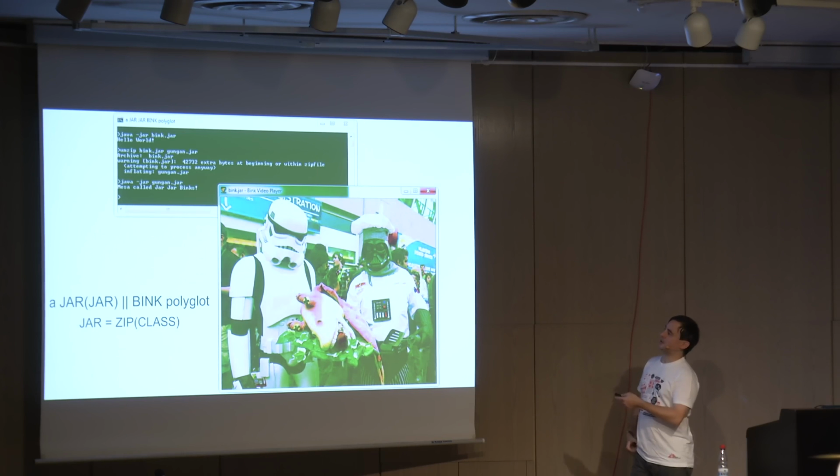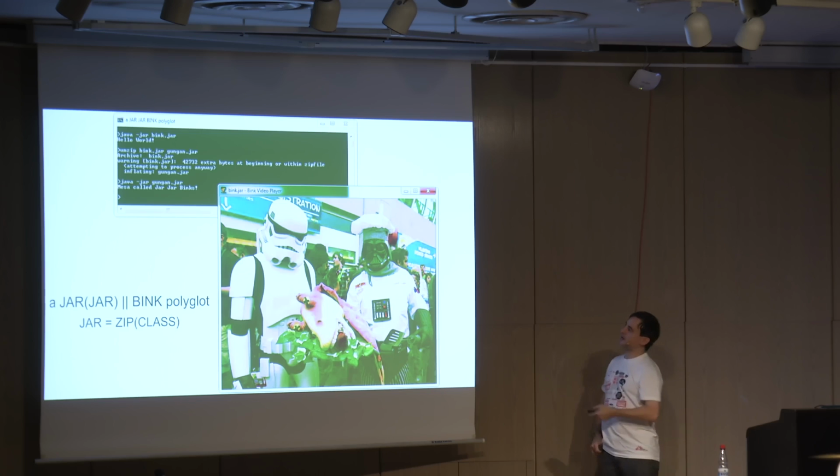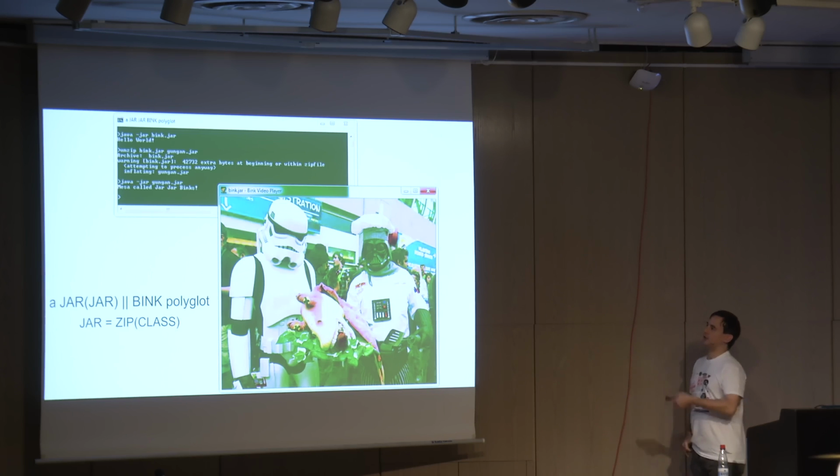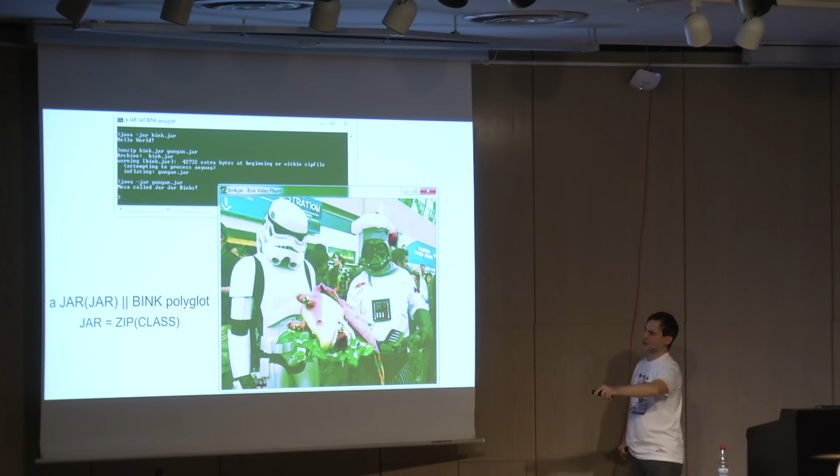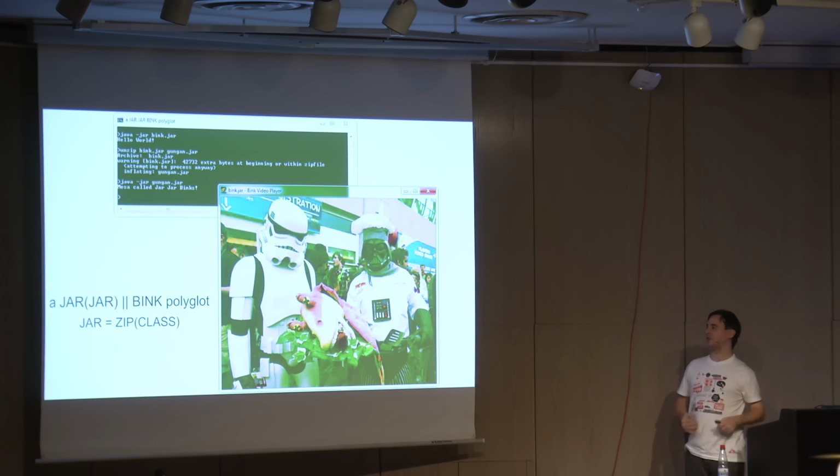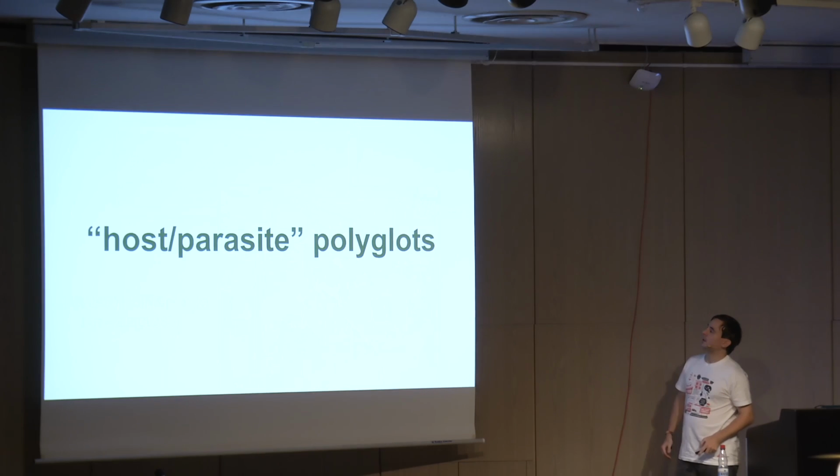A Bink is a special game-oriented video format, and I chose a random picture to display by the video. You just create your Bink, and then you append jar files, which are just zip. And as we saw, zip doesn't enforce starting at offset 0. That's why the Jar Jar Binks polyglot is possible.